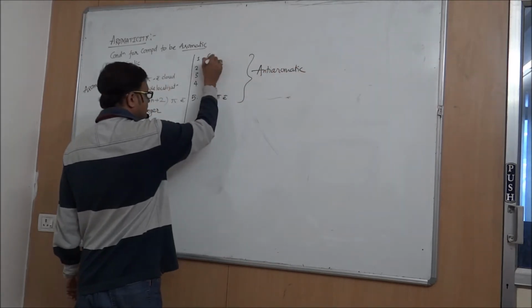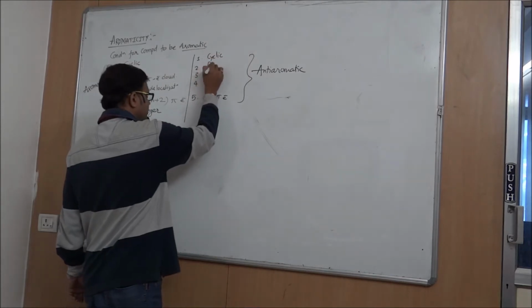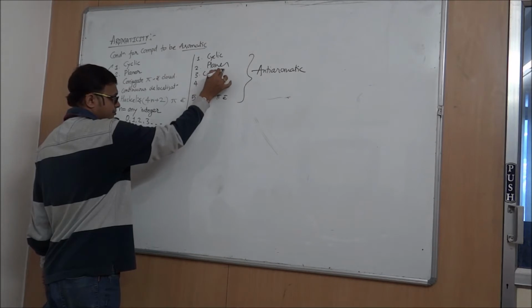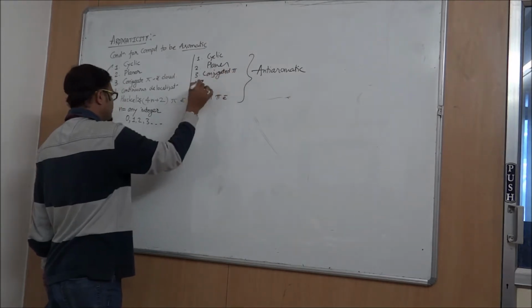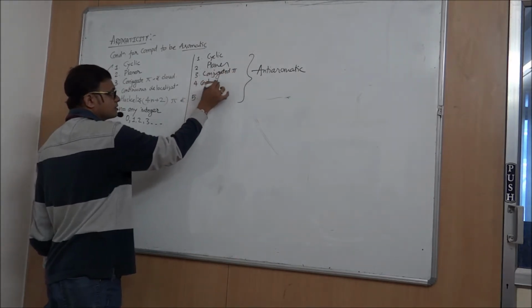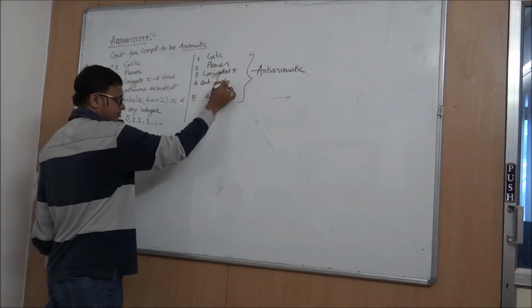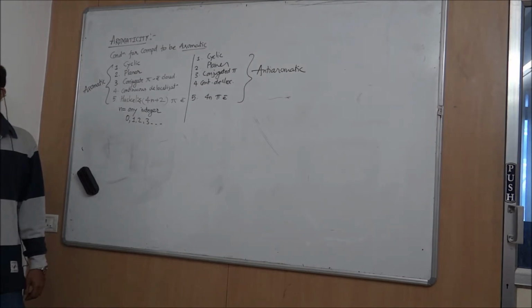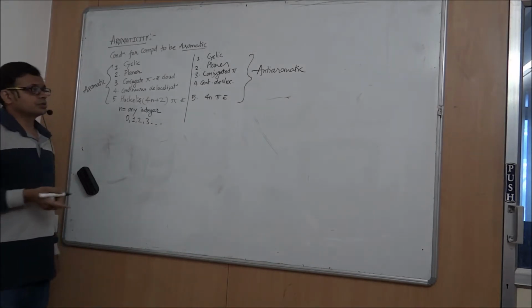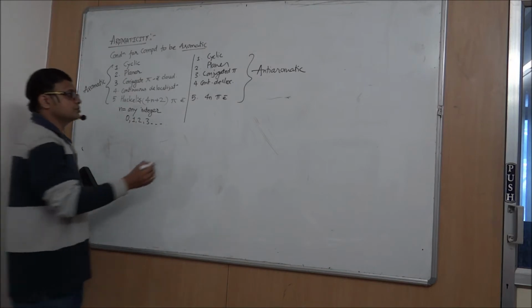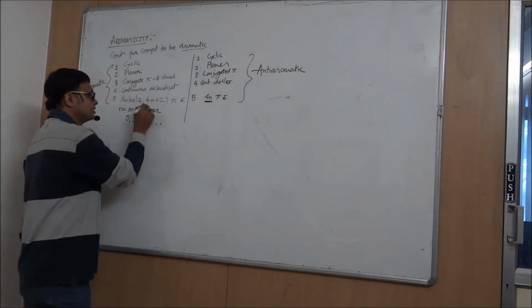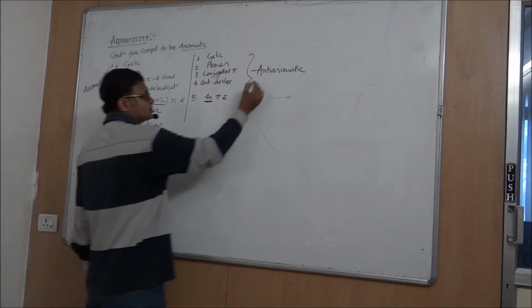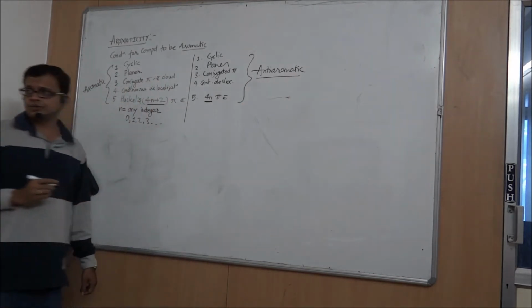So it is cyclic, planar, conjugated pi electron cloud, continuous delocalization. Only thing is that here it follows the 4n rule, whereas earlier it followed the 4n plus 2 rule. Such a system is called an anti-aromatic system.